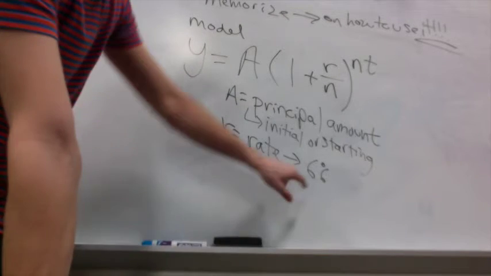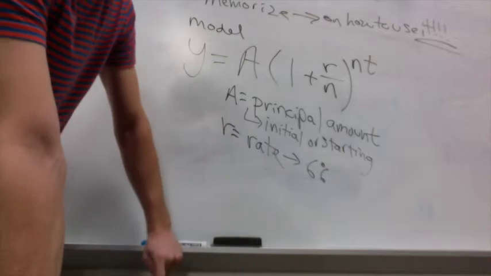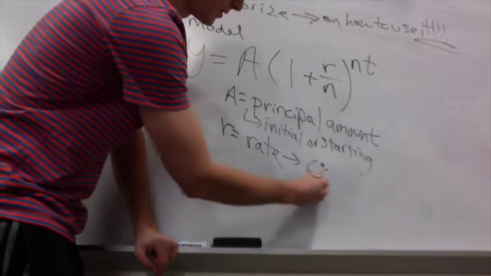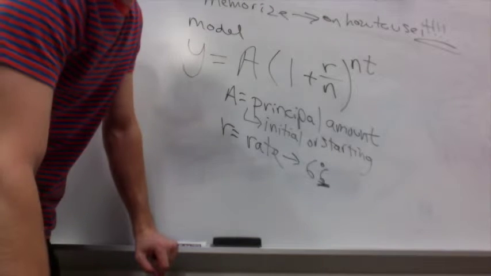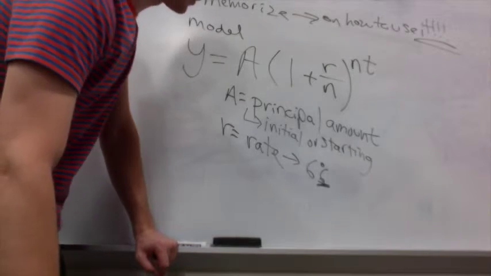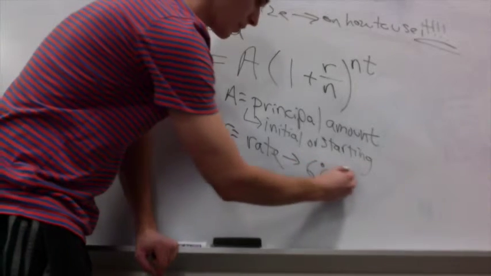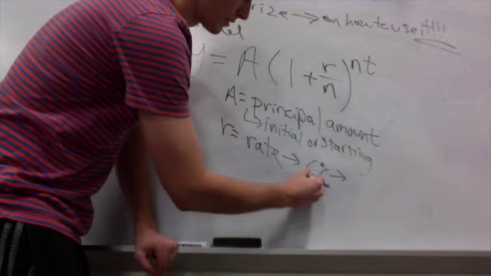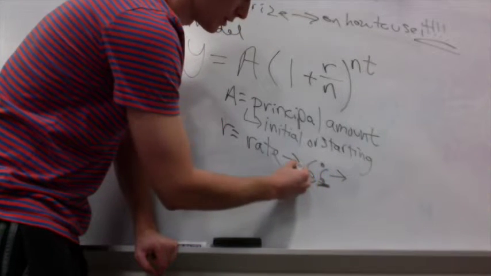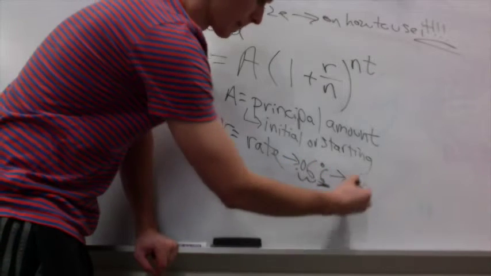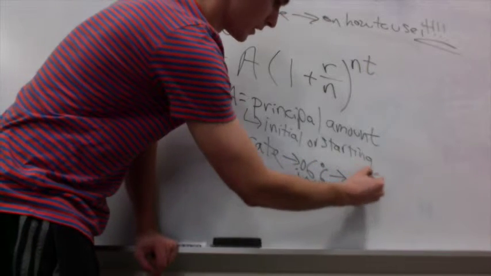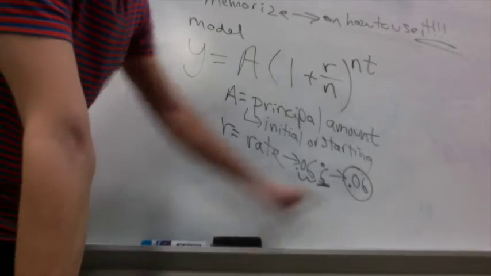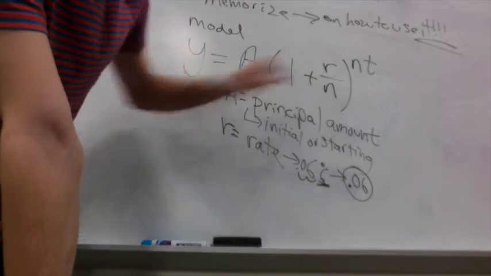So a rate of 6%, how would you write that as a number? Because this percent symbol means it's not technically a number we can use. So what's the number we can use that with? Hopefully you're thinking to yourself, 6%, decimals here, slide it over 2 to get 0.06.